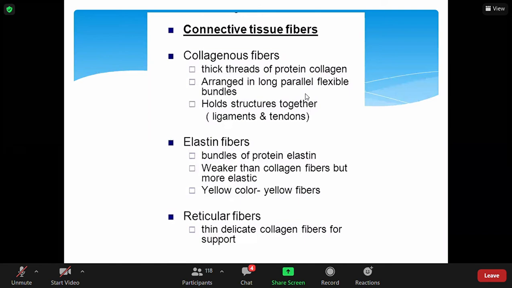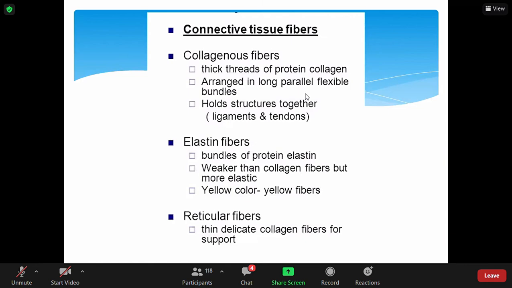Another connective tissue fiber is elastin fiber. Bundles of protein, elastin, weaker than collagen fibers but more elastic. It is yellow in color, so they are called yellow fibers. And then you have your reticular fibers, thin, delicate collagen fibers, more for support.